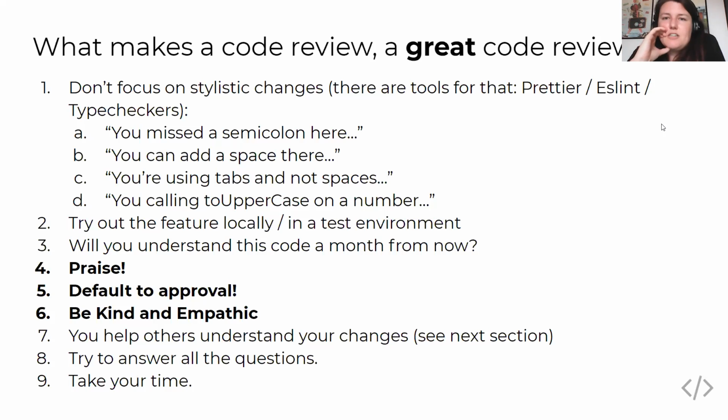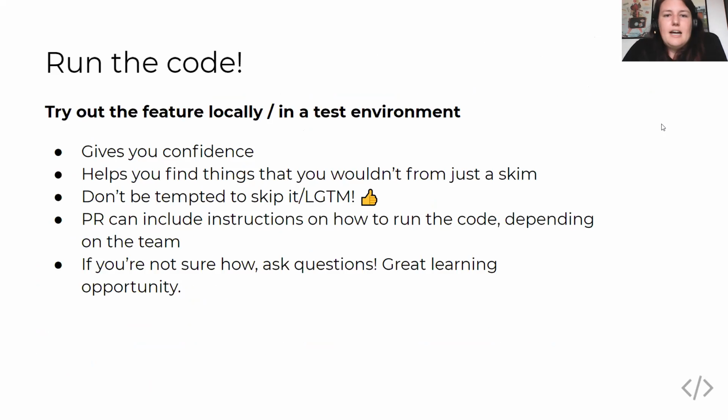But when you really take your time and understand what each line is doing, it helps you get so much deeper an overview of what's going on and what the general direction of the project is going in. This is going more deeply into testing the code locally. So again, it gives you confidence that what you're reading in the code is actually working in production, or I mean, in development.